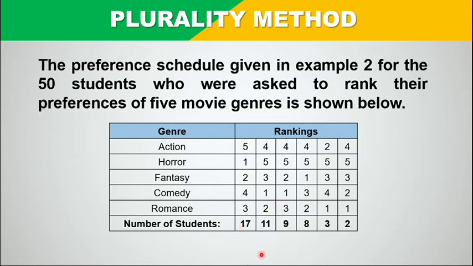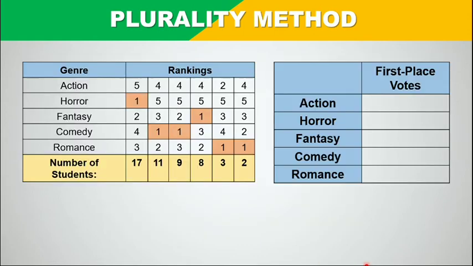For example, for this group of 17 students, their first choice is horror, second is fantasy, third is romance, fourth is comedy, and fifth is action. Now, we will look at the first place votes in each genre in order to know how many students voted action, horror, fantasy, comedy, and romance respectively.